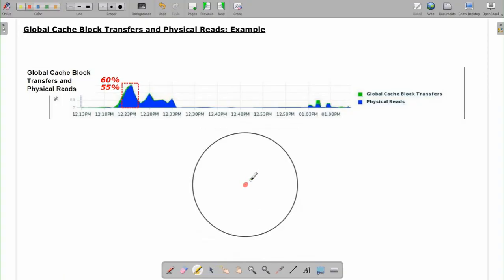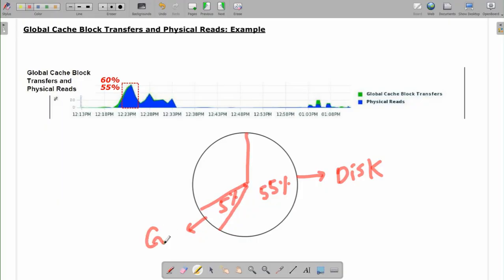So from here, over 50%, in this case 55% of total I/O, that is disk I/O. That's an indication. And then we have 5% here. The 5% is global cache I/O.